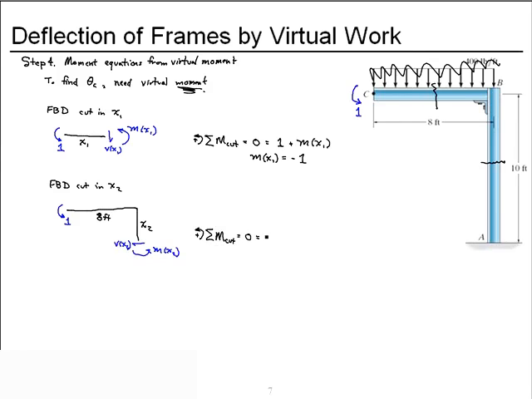Counterclockwise is positive, and I have the contribution of the virtual couple moment and the unknown virtual moment. The distance away of the applied couple moment doesn't affect our moment equilibrium equation.